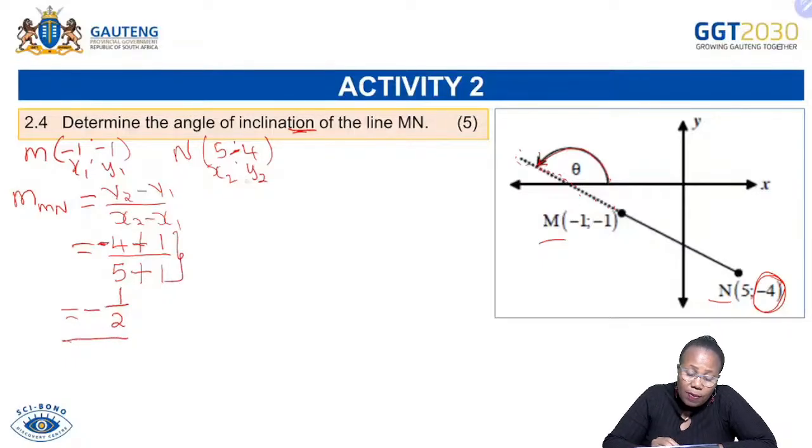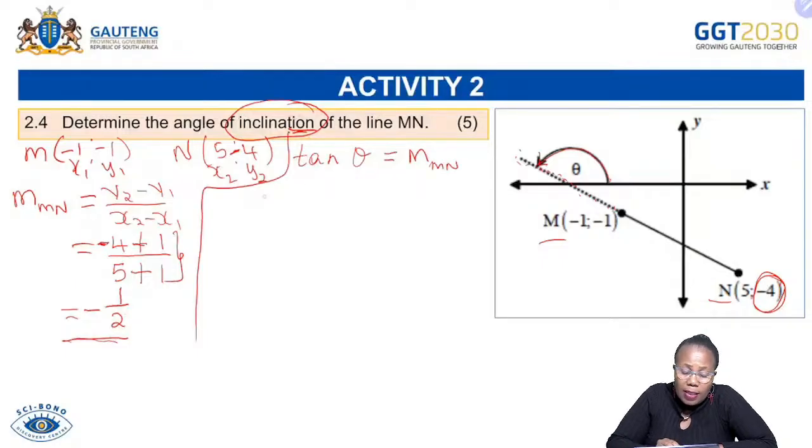Okay. Now, remember, we are looking for an inclination, not the gradient. So we need to continue from there and have now tan theta is equal to m of that line, MN. We are substituting the gradient of MN, which is -1 over 2.